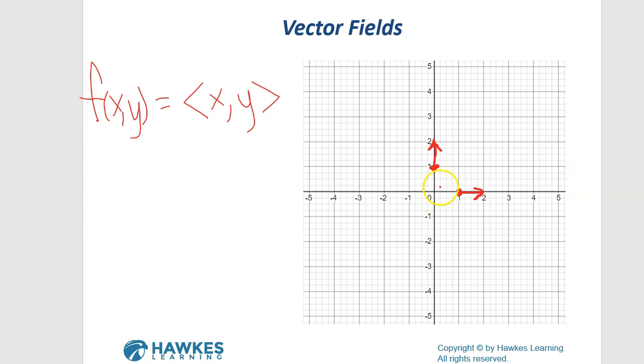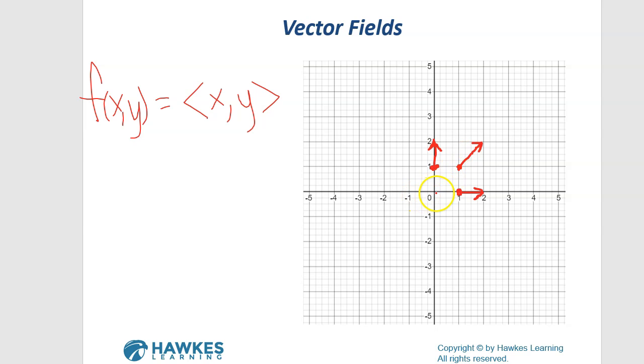If I plug in the point (1, 1), what am I going to get? I'm going to get the vector ⟨1, 1⟩, which would point up and to the right like that. That's the point (1, 1), and that's the vector ⟨1, 1⟩. So basically, how far I've moved from the origin to get to the point is also how I'm going to move away from that point.